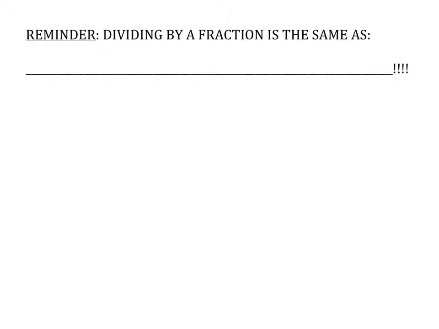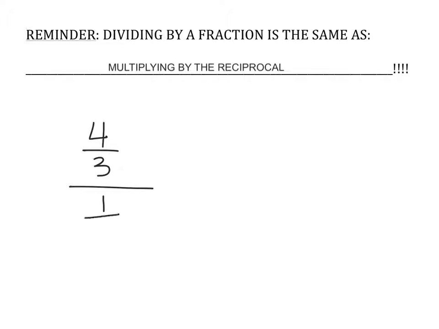Since we'll be dealing with fractions in this section with this theorem, here's a reminder. Dividing by a fraction is the same as, make sure you have that written down as a reminder in your notes as well. Dividing by a fraction is the same as multiplying by the reciprocal. So here's an example. If I wanted to take 4/3 and divide by 1/6, that's the same thing as 4/3 times 6/1.